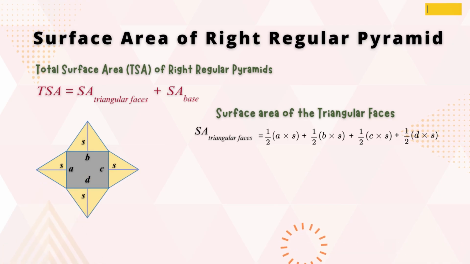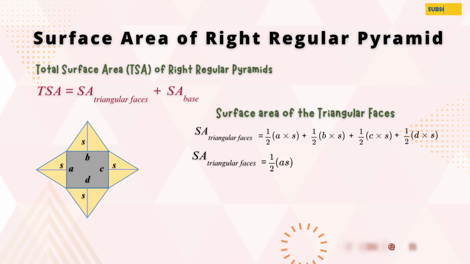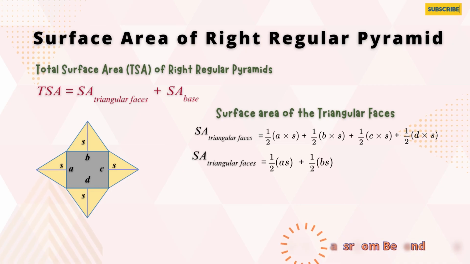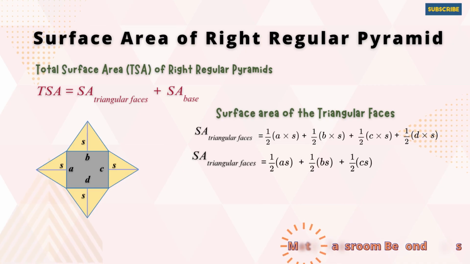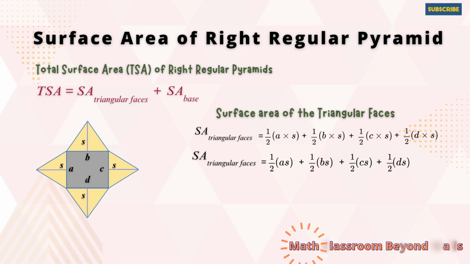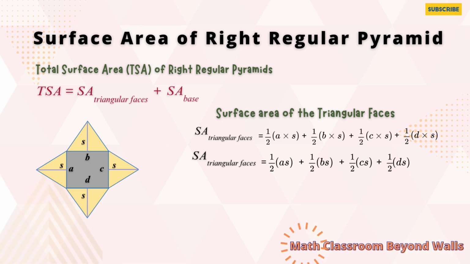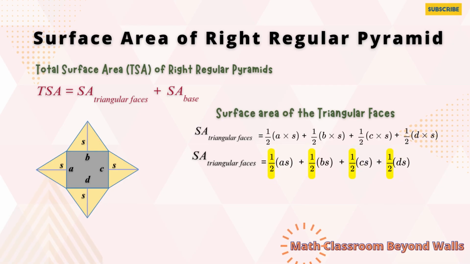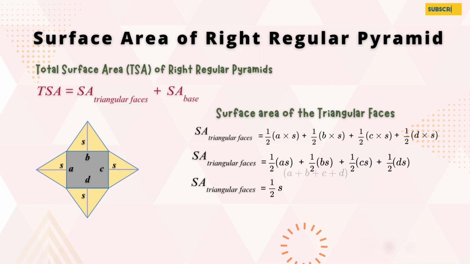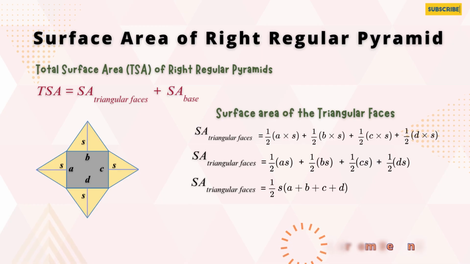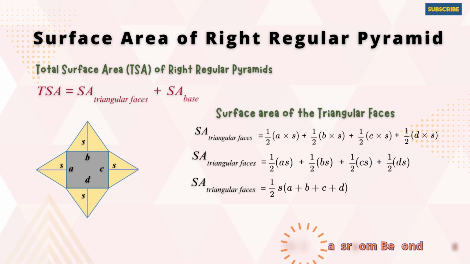The above equation can be written simply as 1/2 AS plus 1/2 BS plus 1/2 CS plus 1/2 DS. Factoring out 1/2 and S, we have 1/2 S times the quantity A plus B plus C plus D.